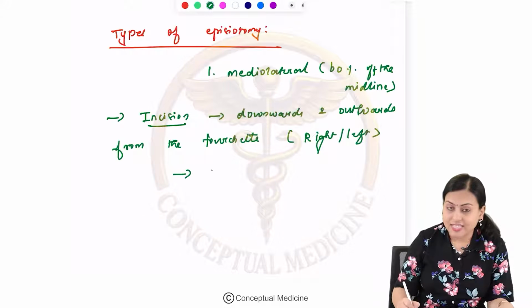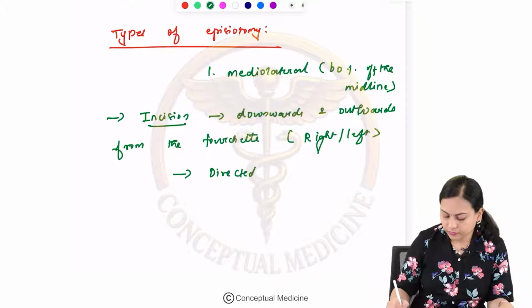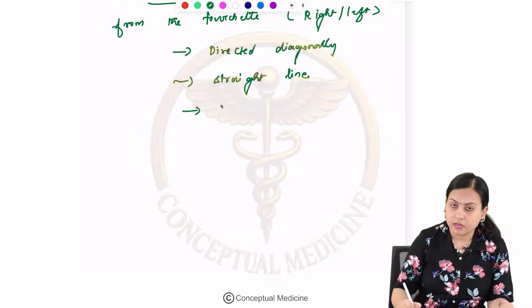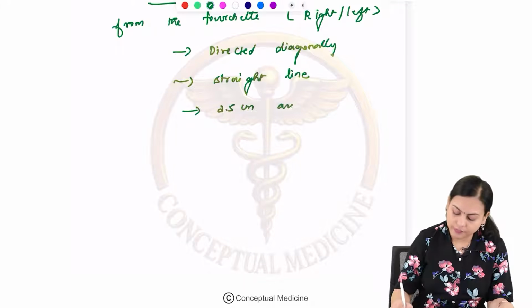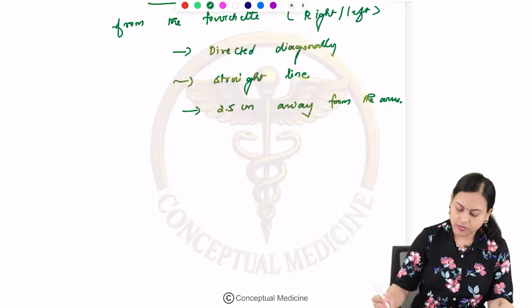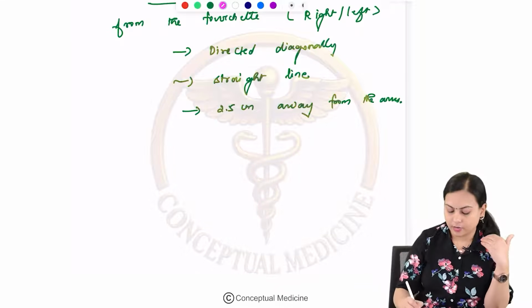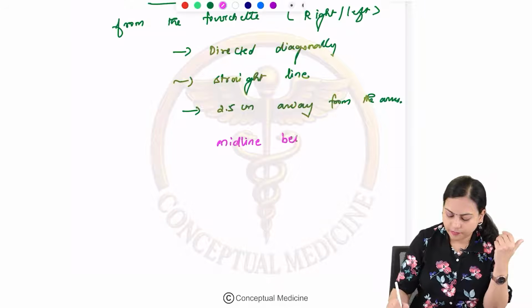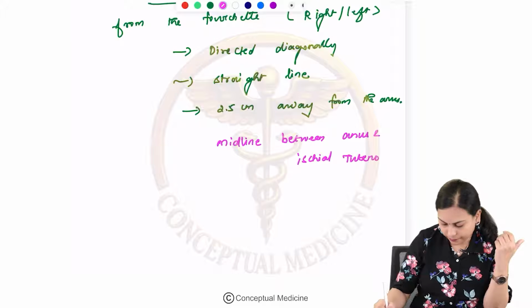Then it is directed diagonally, but in a straight line, running 2.5 centimeters away from the anus. So that will be approximately in the midline between the anus and ischial tuberosity. Clear?